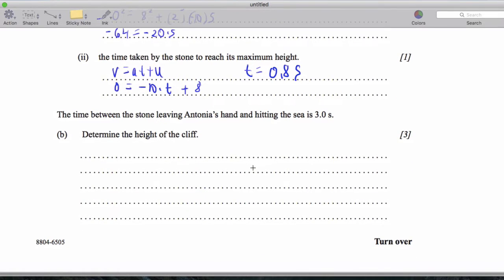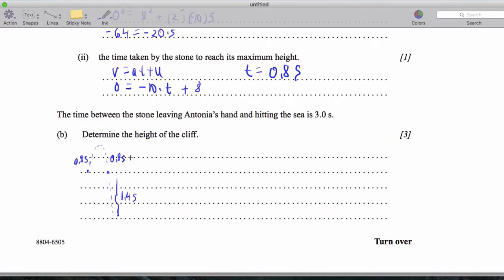It says the time between leaving Antonia's hand and hitting the sea is 3 seconds. Determine the height of the cliff. This is an interesting question. Let's be clear on what's happening. Let me draw a little sketch here. We're going to have the stone start here, go up, return, and then hit the water. This total time is 3 seconds, but let's be clear. I'm going to take 0.8 seconds to go up, 0.8 seconds to fall down, and then 1.4 seconds to hit the sea.